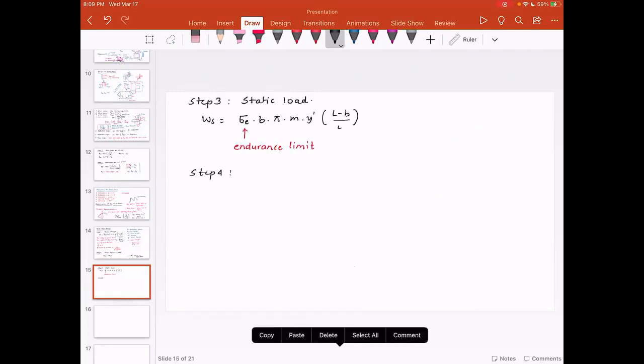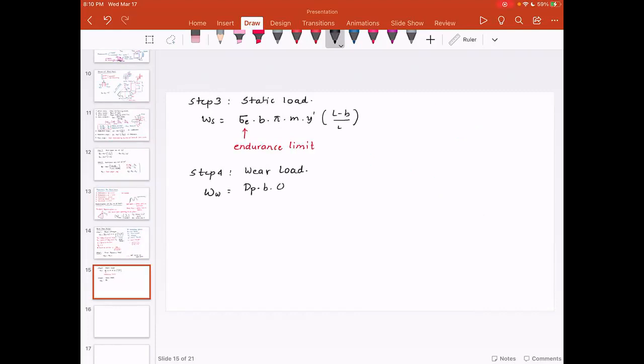Then step 4, we have to find out the wear load, WW equal to dP times V times Q K divided by cosine of theta P1, where theta P1 is the semicone angle and Q is 2 times the equivalent number of teeth on gear divided by TEP plus TEG. This is very important that I want you to note.